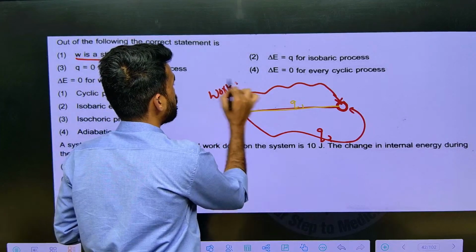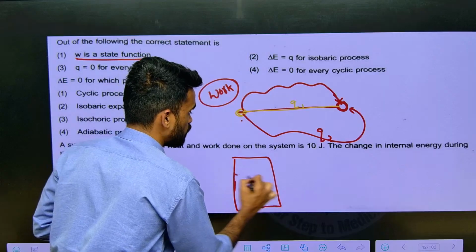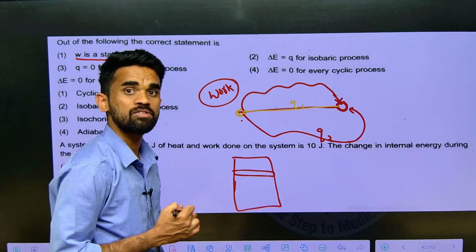Work means what? For example, you are standing on the 5th floor of a building.